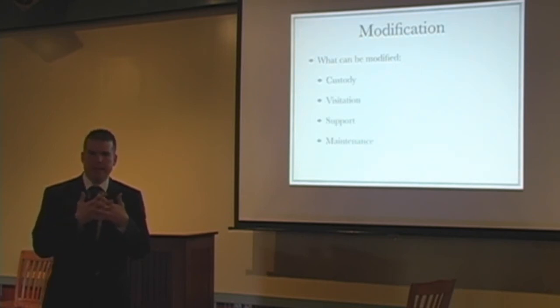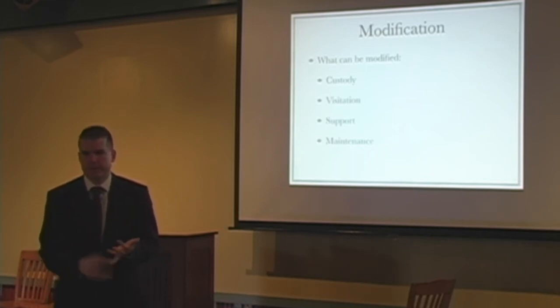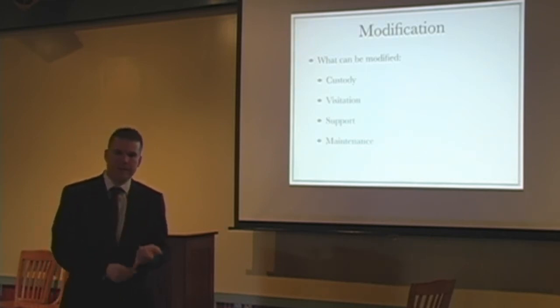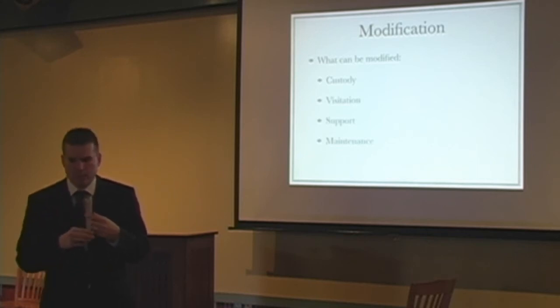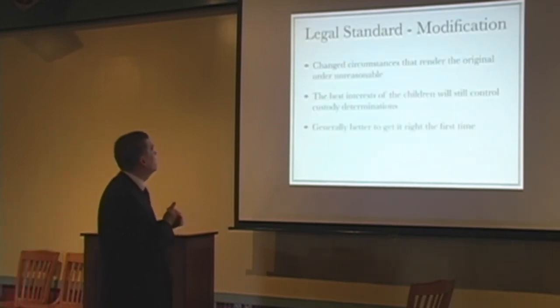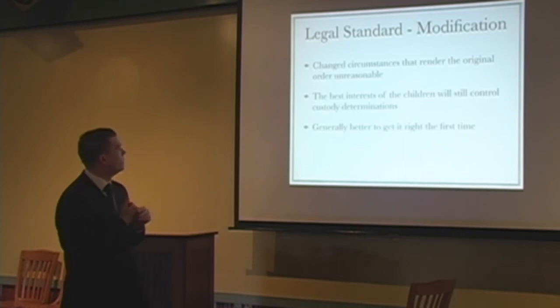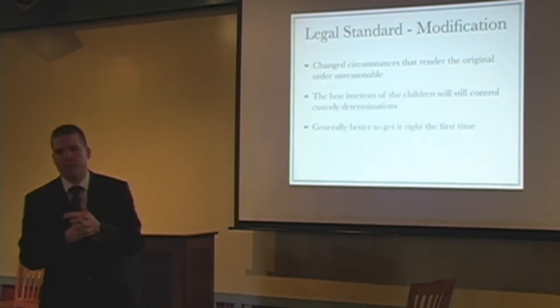And the process actually works exactly the same way as a divorce or paternity. You file a petition, the other side gets served with a copy of it, and a trial gets set. Now, under Missouri law, you have to be able to prove that there are changed circumstances that render the original order unreasonable.